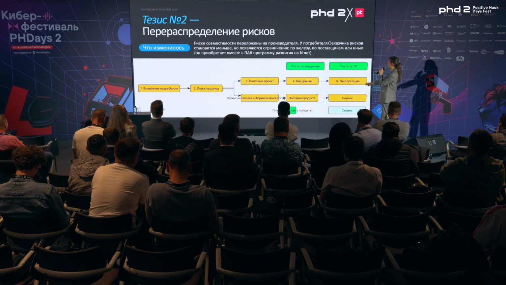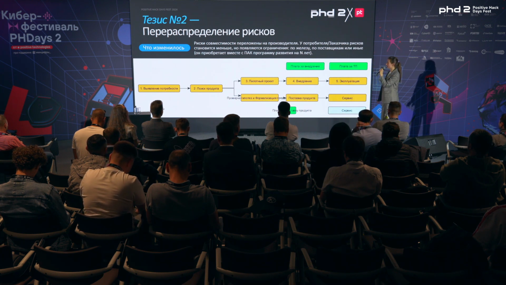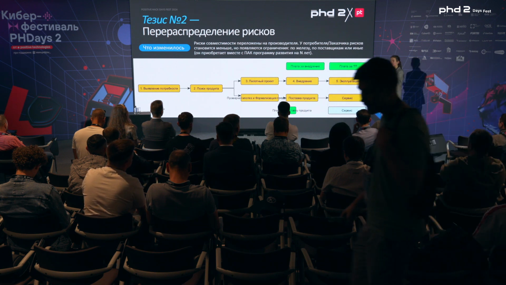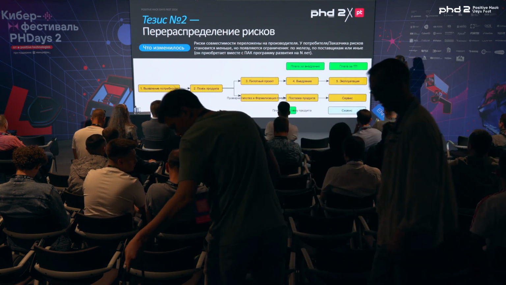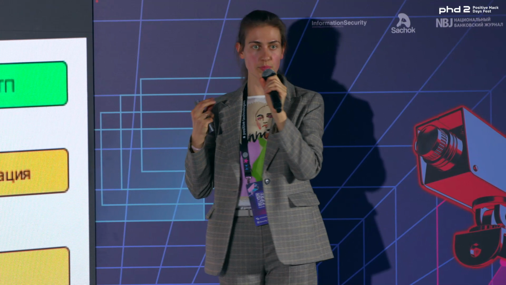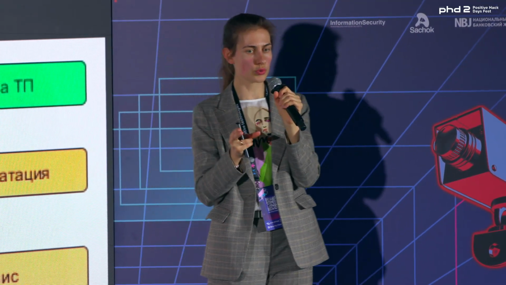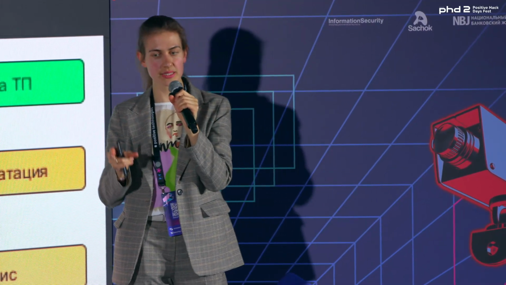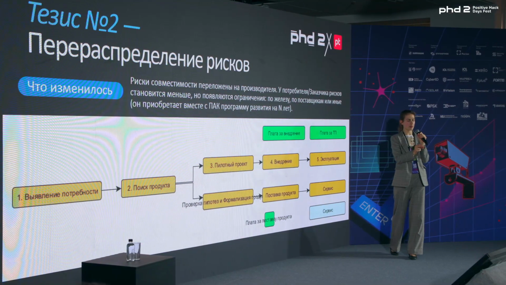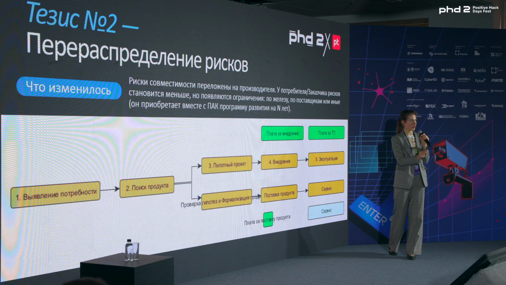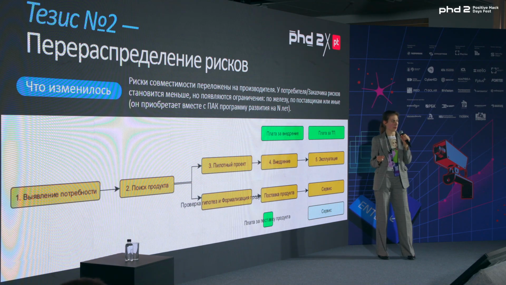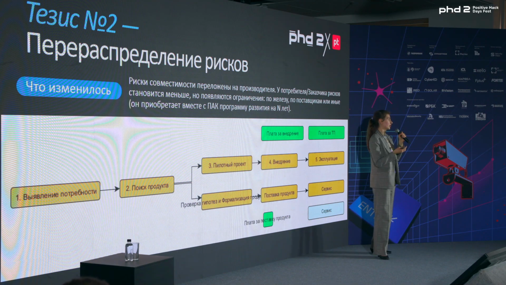And now compatibility risks are on the producer side. The consumer and the client have less of them, but there are some limitations. As for suppliers, sometimes also in terms of hardware, because you're buying this whole complex, which will ensure the right productivity with certain models or certain features.